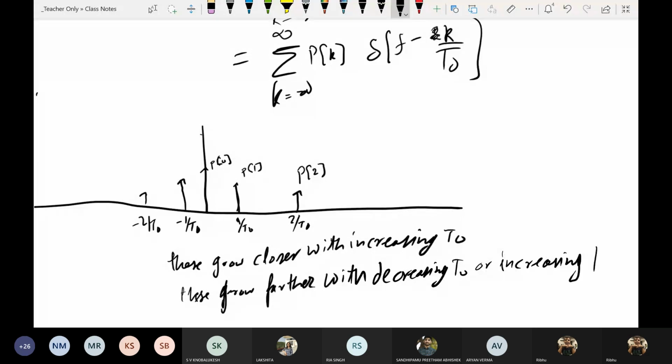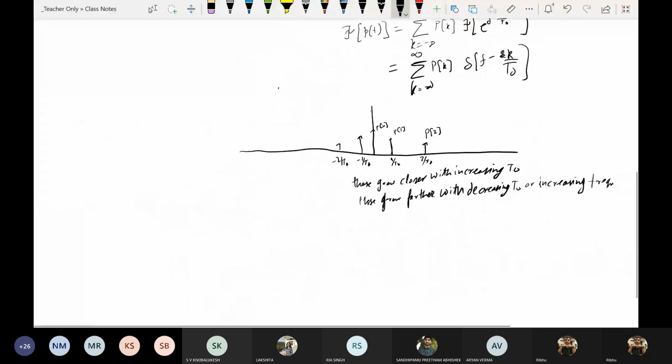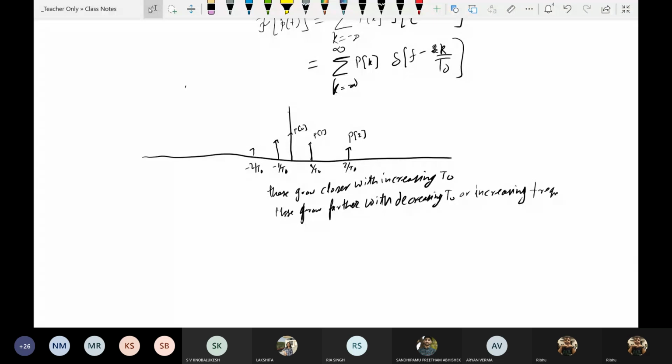And as T naught tends to infinity, or as the signal tends from periodic to aperiodic, these will form a continuous signal in the frequency domain, which is the true Fourier transform. So we are running around in circles that way. Great. So that said, we are done with the basics.